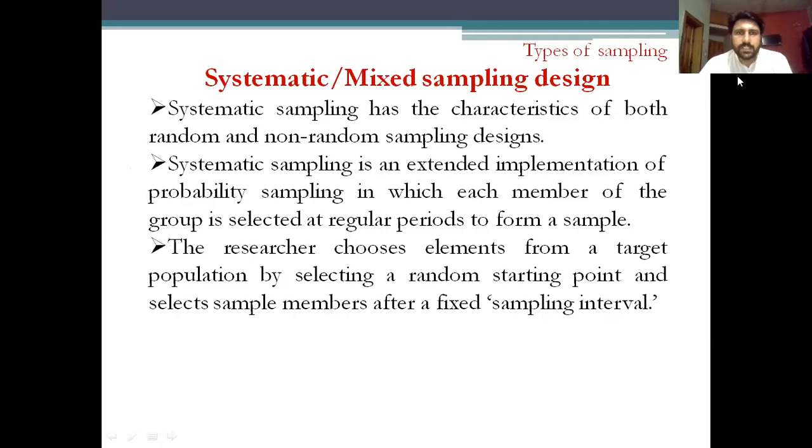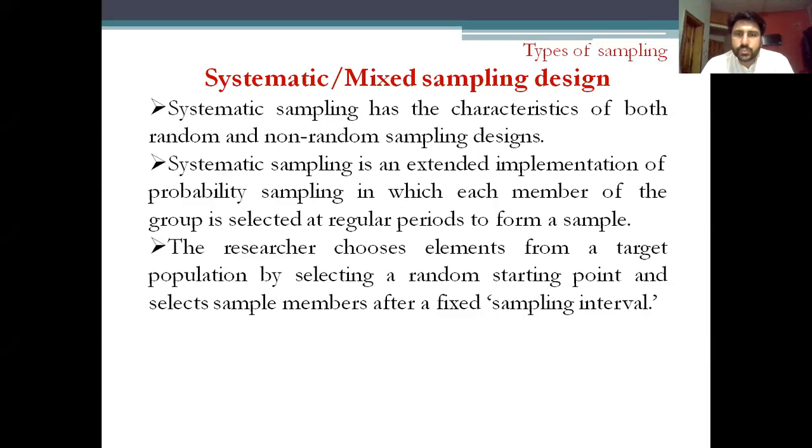Now, systematic or mixed sampling design has the characteristics of both random and non-random sampling designs. Systematic sampling is an extended implementation of probability sampling, in which each member of the group is selected at regular periods to form a sample.